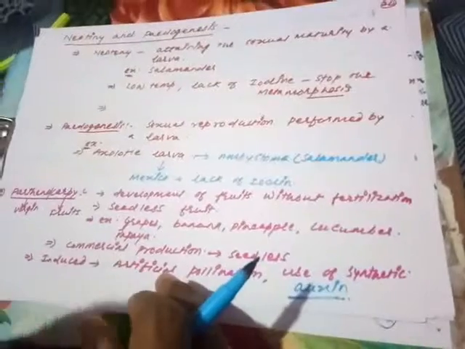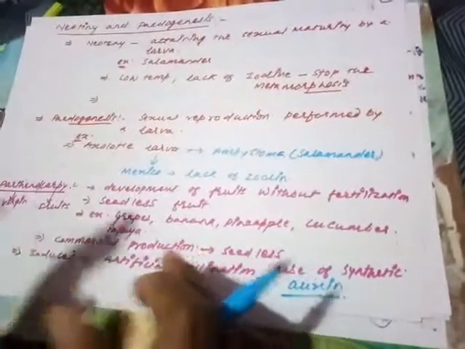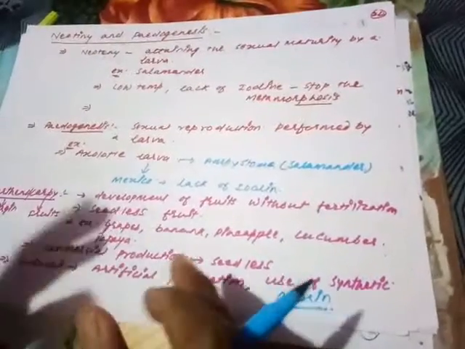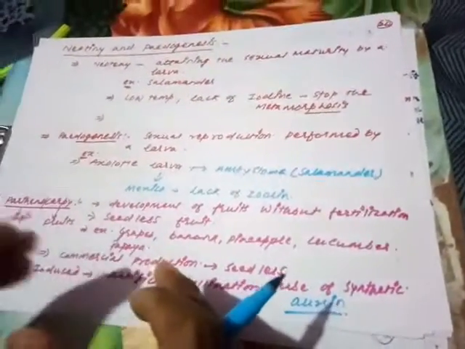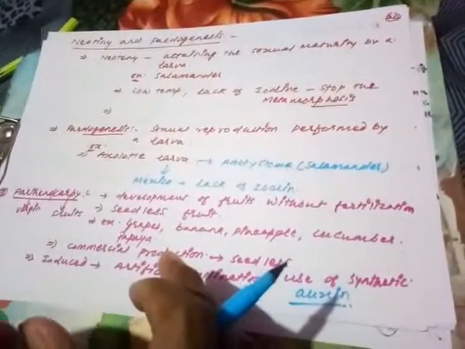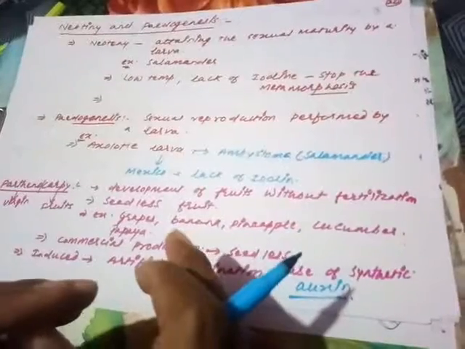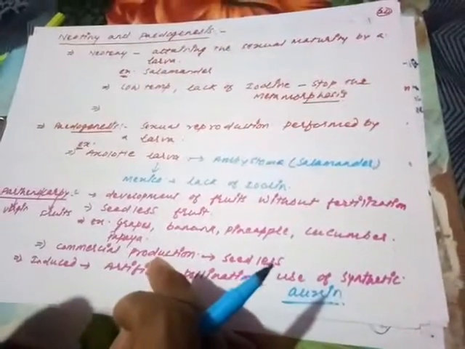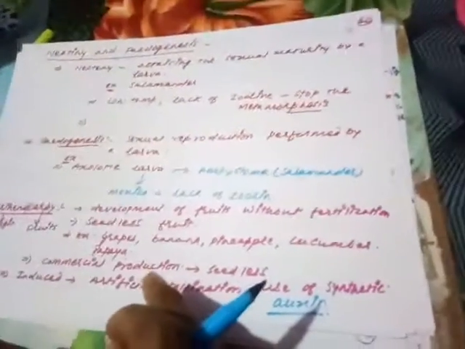After natural, the next one is artificial. In artificial, we provide some stimulus, physical stimulus or chemical stimulus. Then we discussed neoteny and pedogenesis. Neoteny and pedogenesis are two combined events where the larva develops sexual maturity and starts performing sexual reproduction.